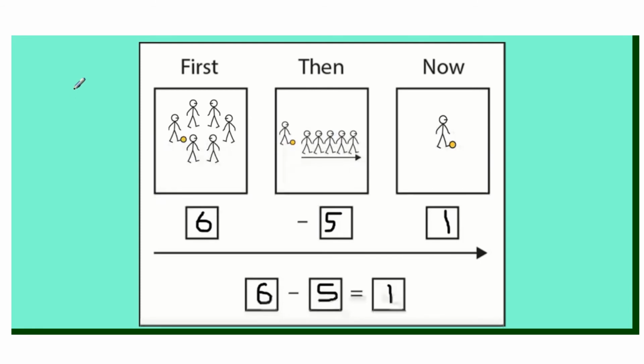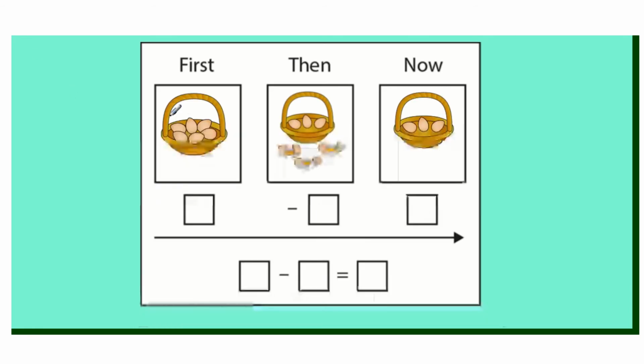Okay, so let's have a look at the other one that I did. So here I've got a basket, and first of all I've got 6 eggs in my basket, so I'm going to pop 6 there. Then 3 fell out and dropped on the floor, so I'm going to put 3 there because they fell out and dropped on the floor. Now that left 3.